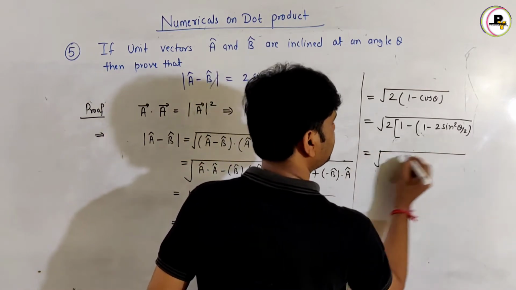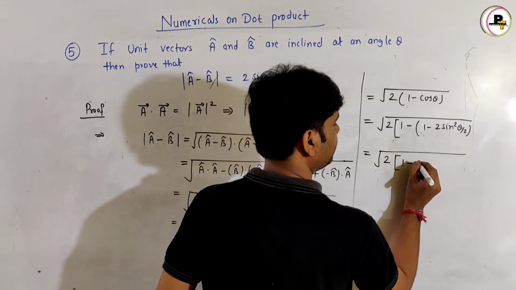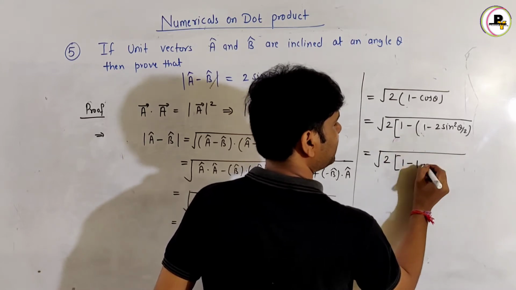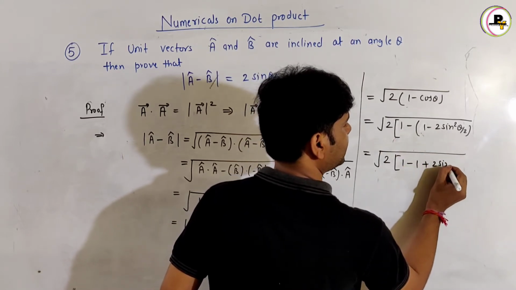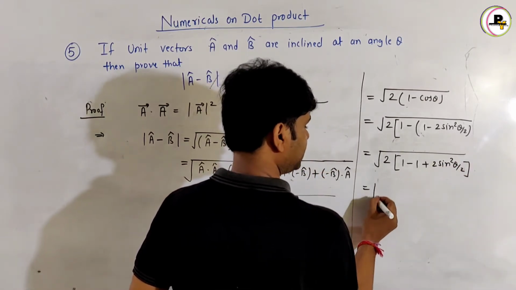Therefore I can write here square root of 2, if I open the bracket, then this value will be equal to 1 minus, and minus minus will be plus 2 sine square theta by 2, and therefore it is equal to what?